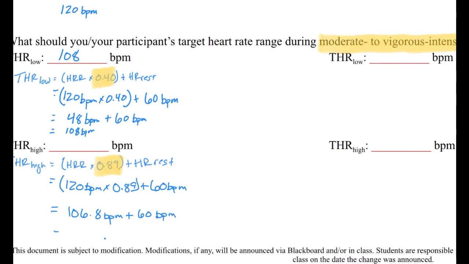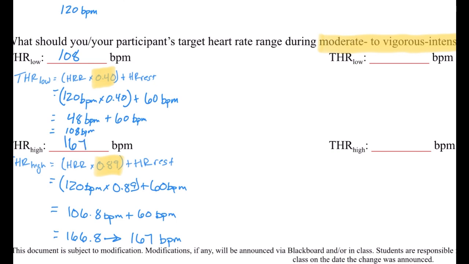So 106.8 plus 60 is 166.8. But we talked about in class that you can only have whole numbers as heartbeats, or heart rates. So I'm going to round this to 167 beats per minute. I'm going to write that right here.